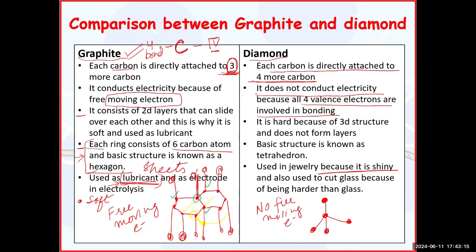At the same time, if you look at diamond, it is known as a hard structure because of its 3 dimensions. Its basic structure is given the name tetrahedron.